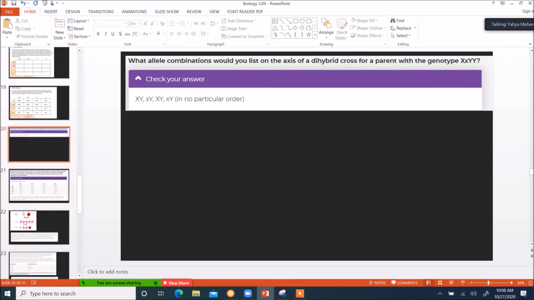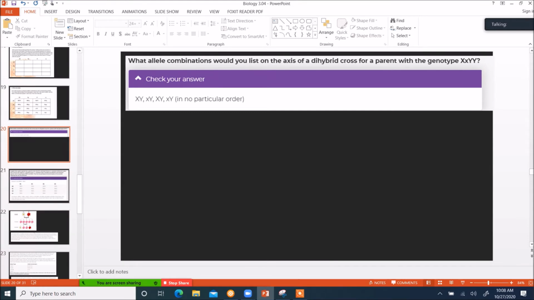Do you remember we talked about meiosis? Remember, there's two chromosomes, right? Where does a person get two chromosomes from? One from the mother and one from the father, right? So this creature has capital X and lowercase x.